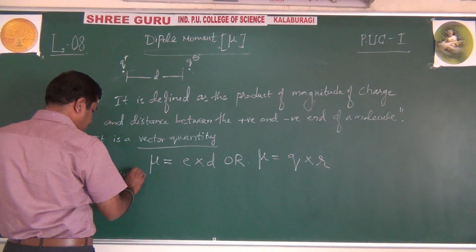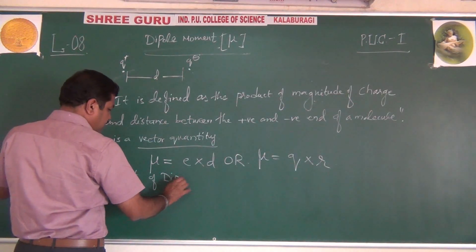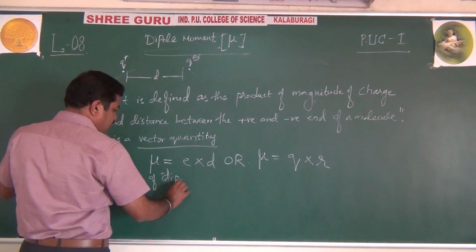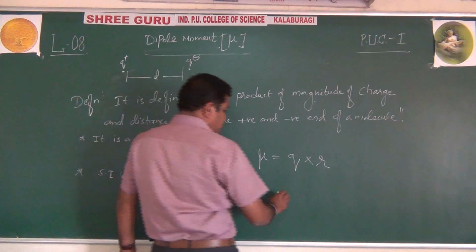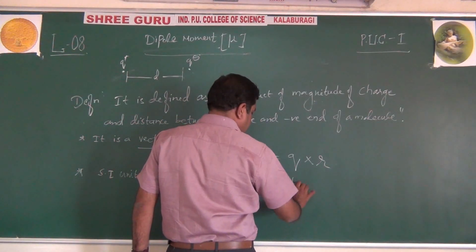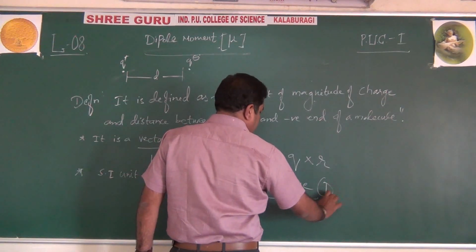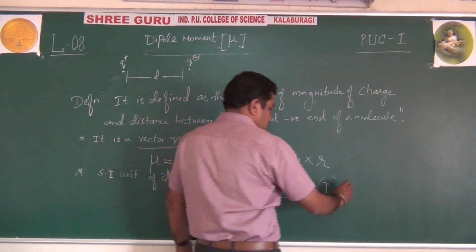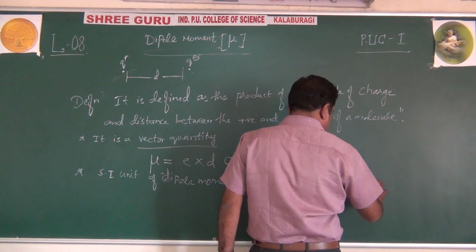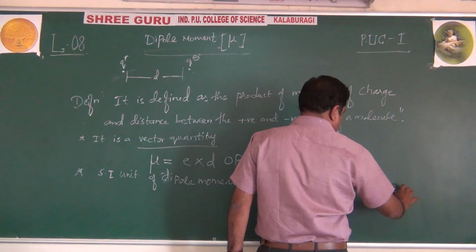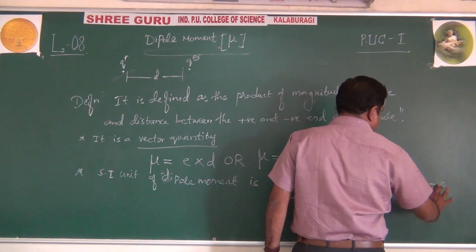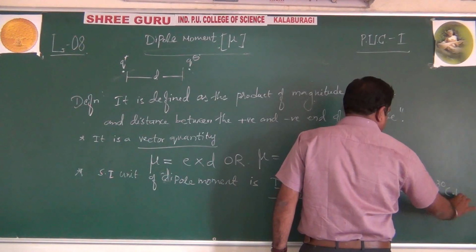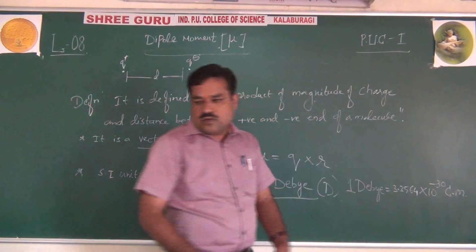The unit of dipole moment is the debye, capital D. 1 debye is equal to 3.3564 into 10 raised to minus 30 coulomb meter.